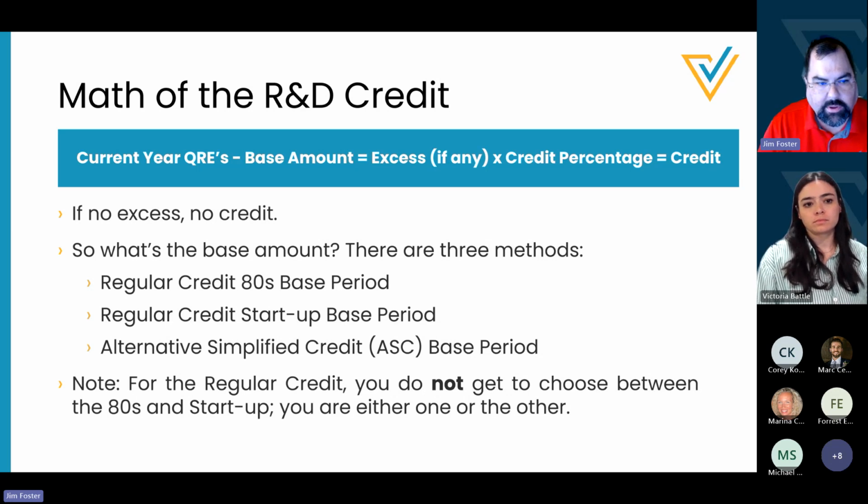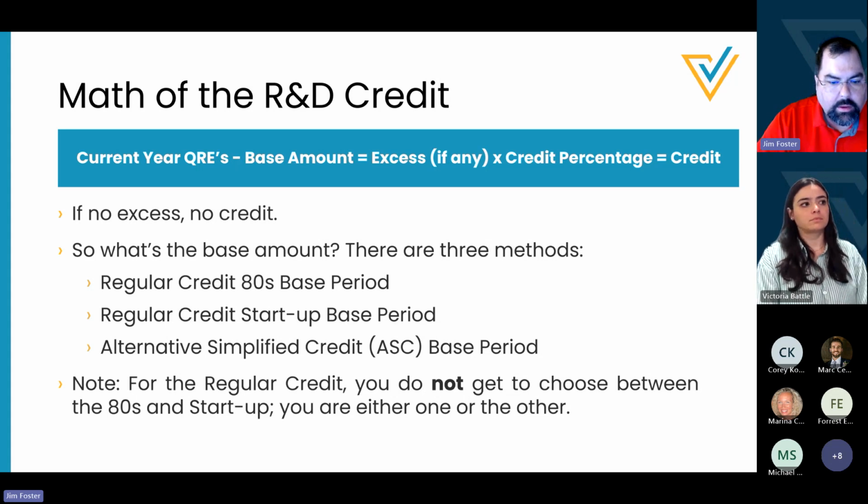So, what's the base amount? Essentially, there are two calculations, the regular credit and the alternative simplified credit. And within the regular credit, there's two methods to calculate the base period. However, you don't get to choose between them. It's a factual analysis that determines which method you have to use.